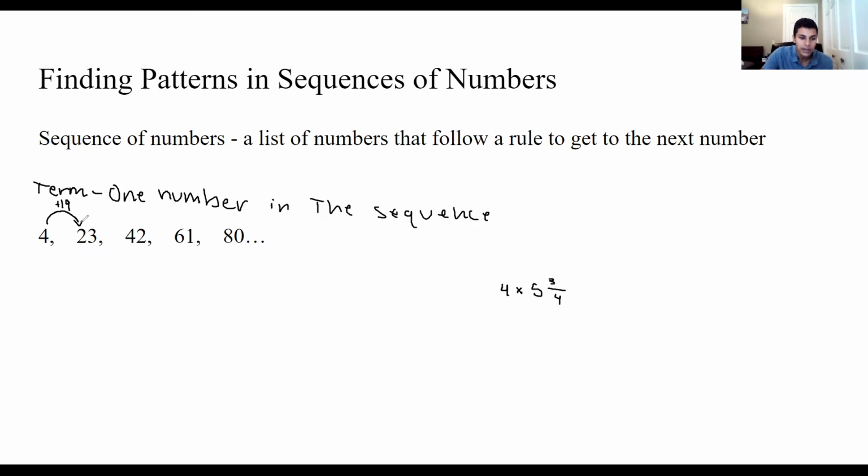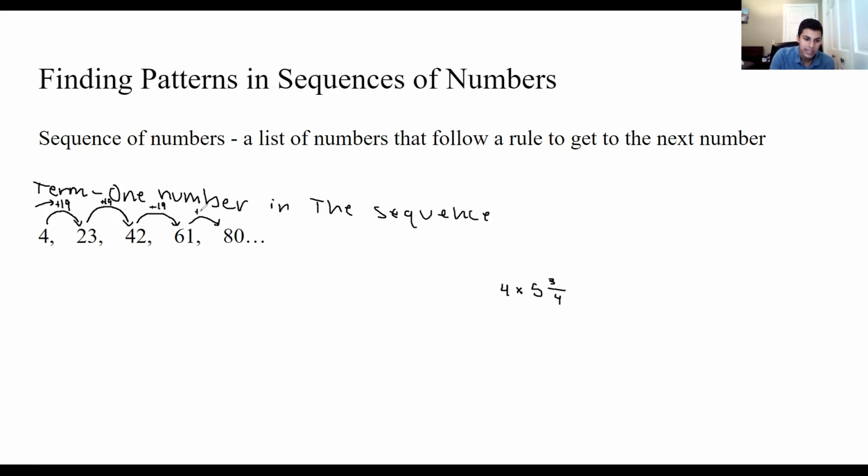So now that I have two different patterns that work, let's actually test them on the next number to see if they're the same. I'm going to test this one first because it's a little bit easier to test. You're adding 19 rather than multiplying by a fraction. So 23 plus 19 does in fact equal 42. And if we test it on the next term and add 19, we get to 61, and so on.